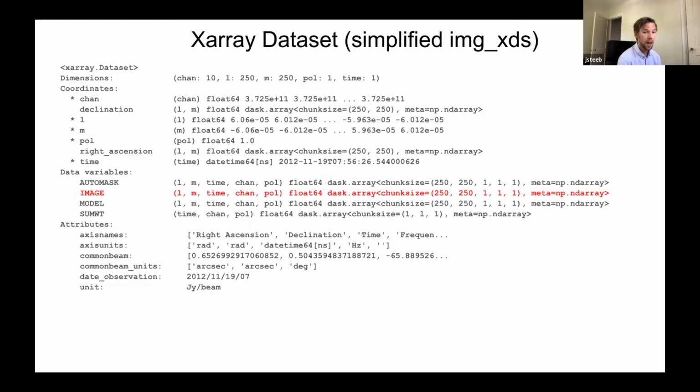So for example, we've added the time dimension, and the time and channel dimensions can be changed to become Taylor terms that basically have a function that describes the variation over time and channel. So that's also possible. Again, this is simplified. I don't list all the information, but it should have all the information so that you can do all the world coordinate system library transformations.